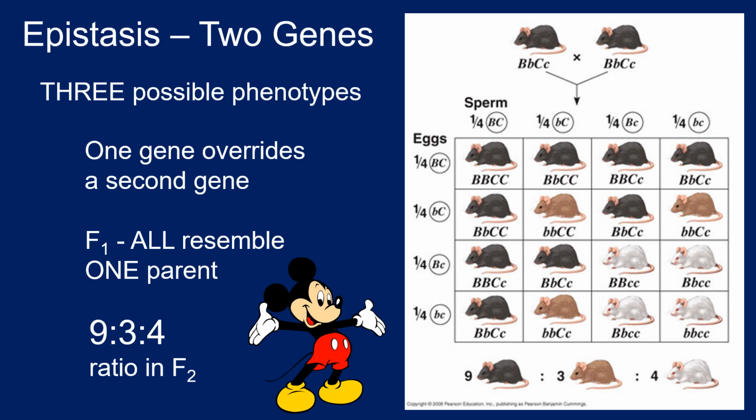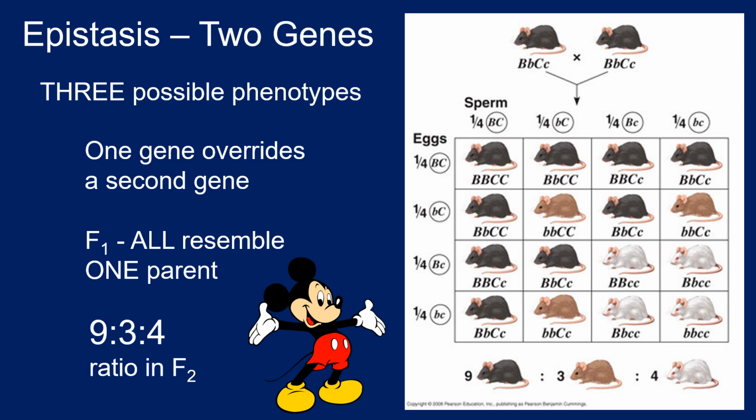So the first gene, again, is the C gene. If we have at least one functional copy of that gene, we can get through the first step. The second step is controlled by the B gene, and there's two alleles of the B gene. If we have the dominant allele, so the big B, then we get very dark pigment.